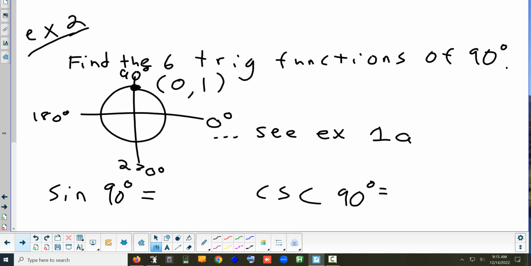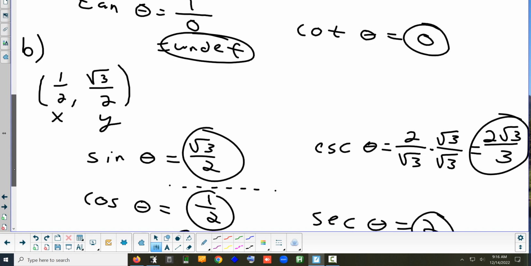So I know 90 is straight up, and I know that this circle has a radius of 1. But that coordinate is always going to be on an axis, or is it? For 0, 90, 180, and 270, yes. For anything else, no. But we haven't talked about when it's not on an axis yet. When it's not on an axis, you're going to start to get coordinates that look more like this. But we haven't really gotten there yet.